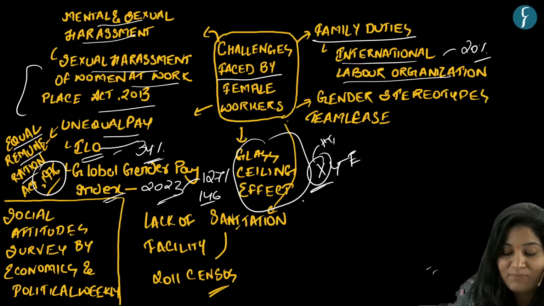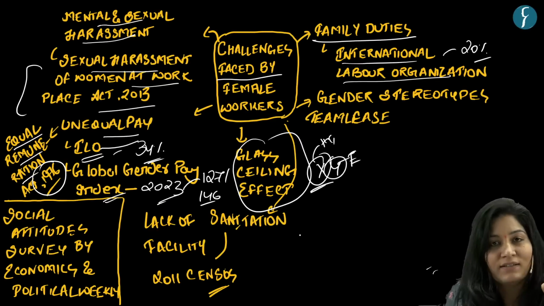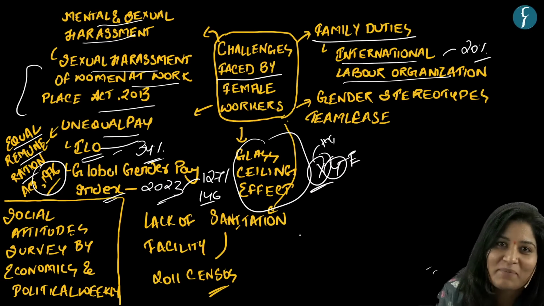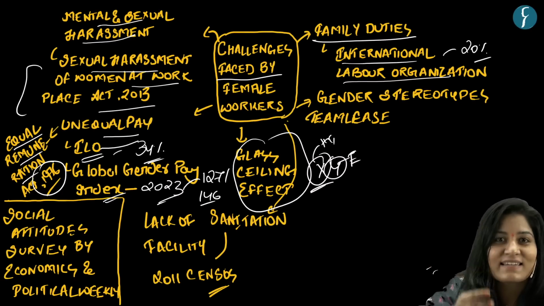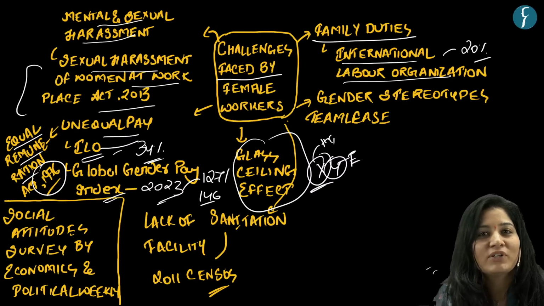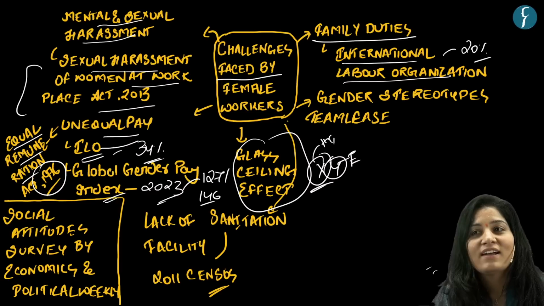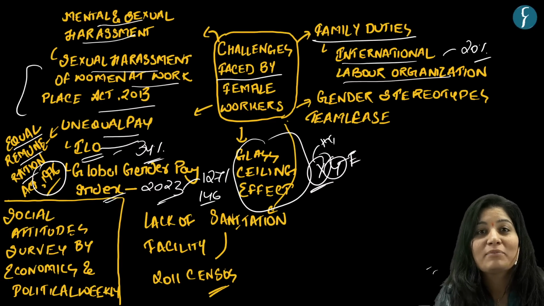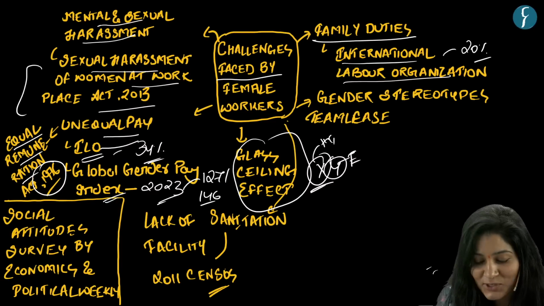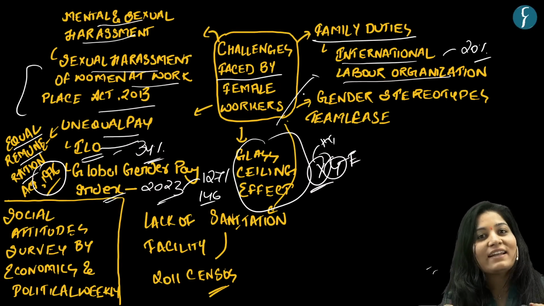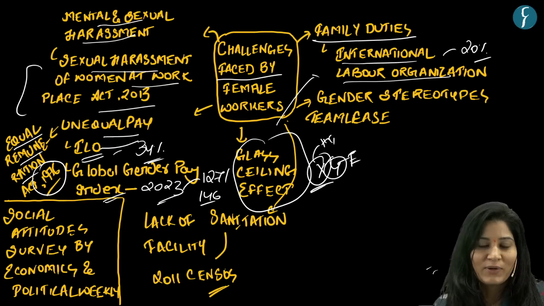But X will get promotion, Y will not. Why? Because X is male and Y is female. There is a glass ceiling that one will be promoted, one will not, just because they think that women are not that productive or will not be able to give that much time because of family duties. So all these points are interlinked.